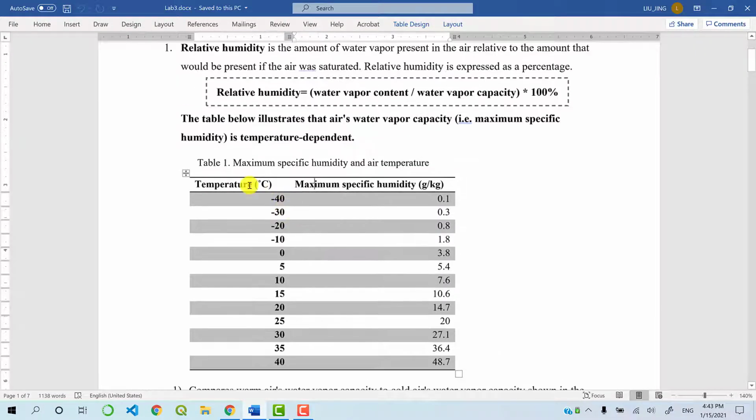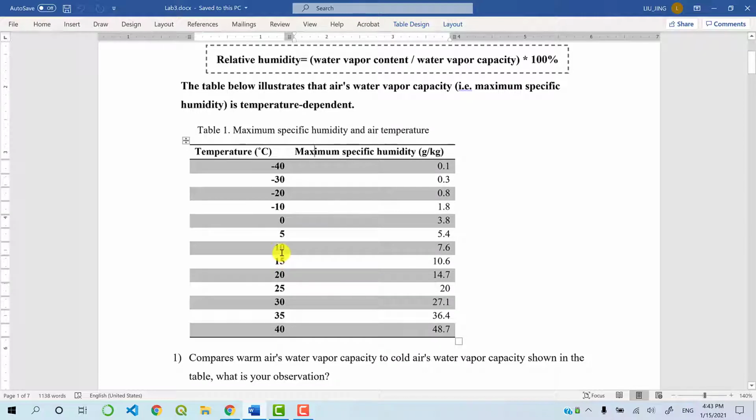If you don't see the temperature listed here, you need to estimate, by the way. For example, if I give the temperature as, let's say, 12 degrees Celsius, that number should be between 7.6 and 10.6. As temperature goes up, capacity will increase a lot.